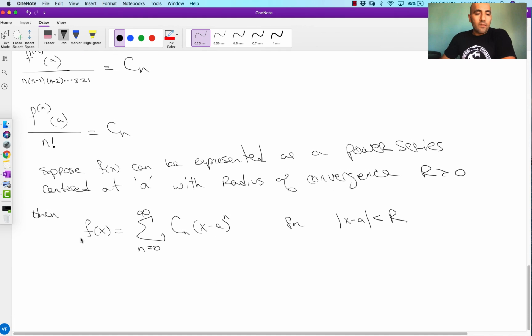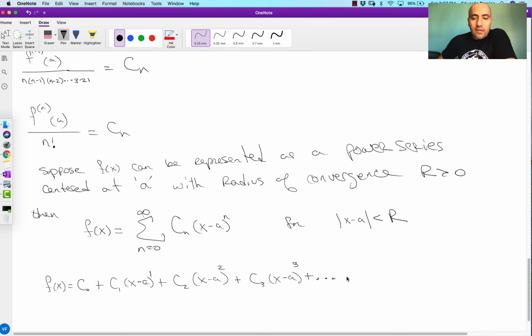Okay, we already knew that. We can expand this guy. f of x then is equal to c sub naught plus c sub 1 times x minus a to the first power, plus c sub 2 times x minus a to the second power, plus c sub 3 times x minus a to the third power, plus dot dot dot.